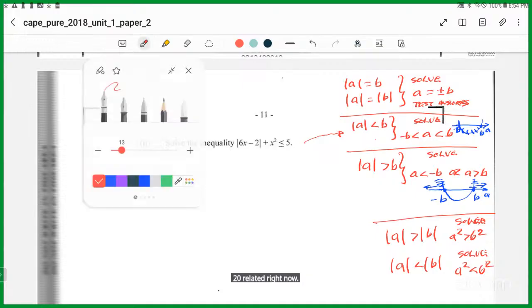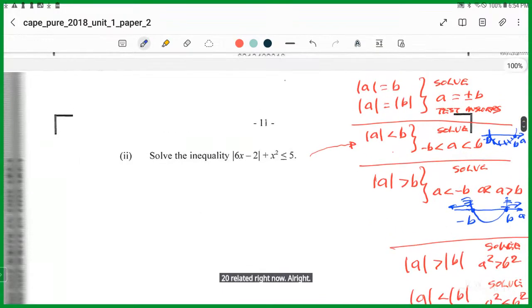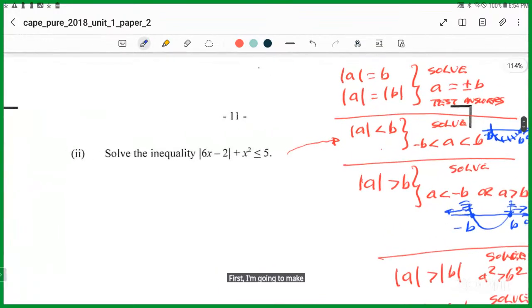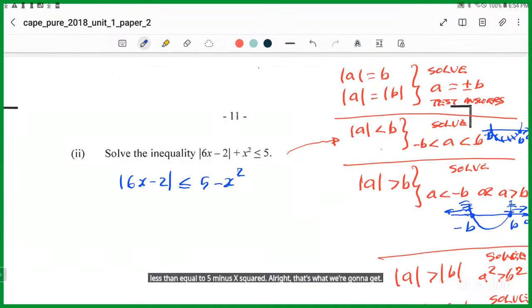Alright. So first I'm going to make it relate to that, perfect. I'm going to bring this over here. So I end up with the modulus of 6x minus 2 less than or equal to 5 minus x squared. Alright, that's what we're gonna get. So we're solving this now.